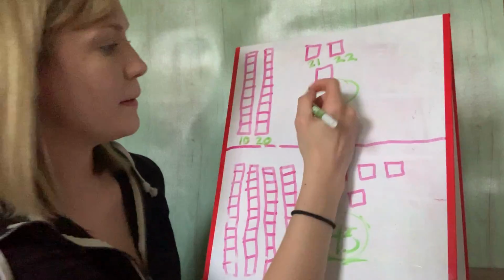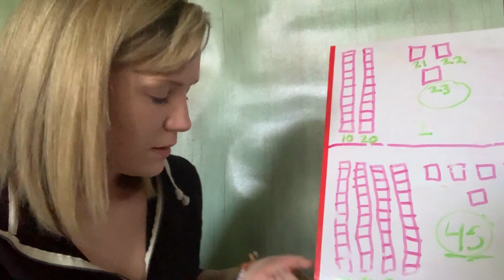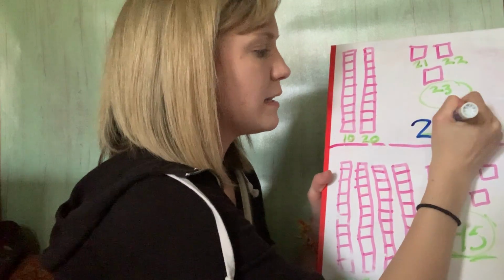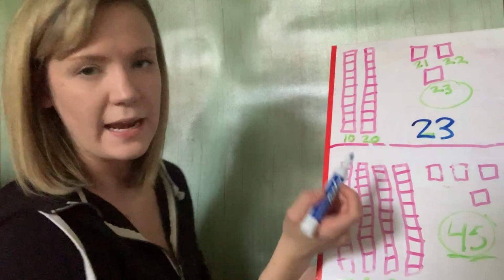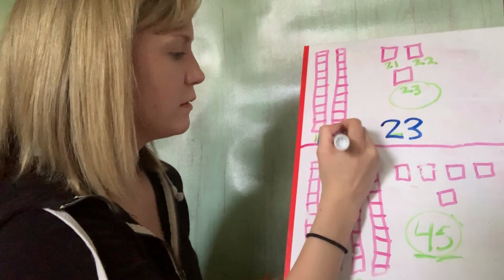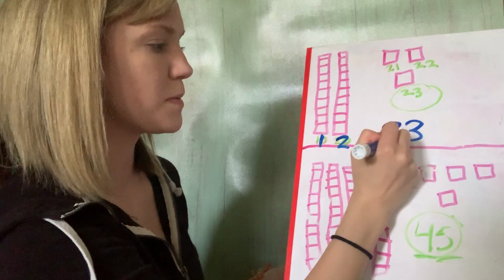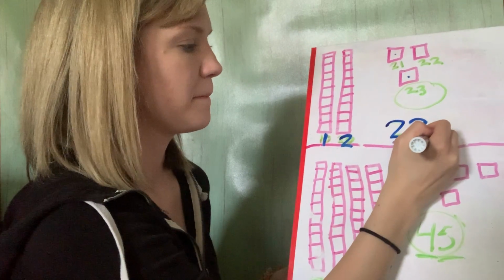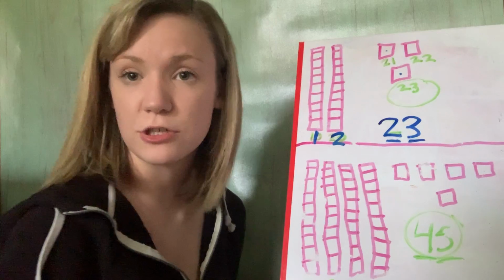Even if we go up here to the number 23, now let's look at it. How many 10s do I have? 1, 2. So there's my first number, 2, for my 10s. Now we go back to our 1s. Let's count how many cubes. 1, 2, 3. And there's our second number, which makes 23.